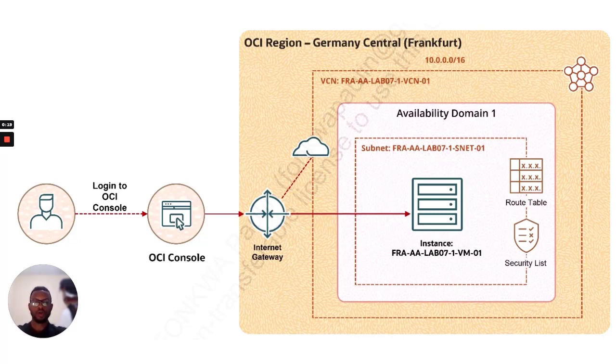So we are going to use Oracle Cloud's free tier account, and on that account we are going to start by creating a virtual cloud network, and then after that we are going to configure the security list, and then we are going to create an instance in that virtual cloud network, and then on that compute instance we will install a web server like Apache HTTP. So without any ado, let's jump into it.